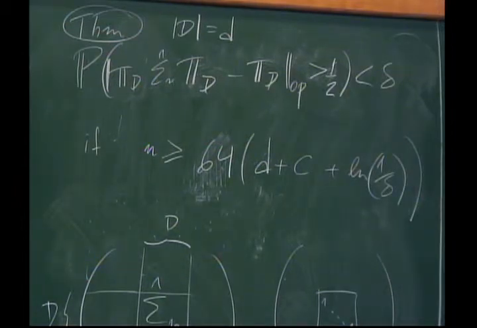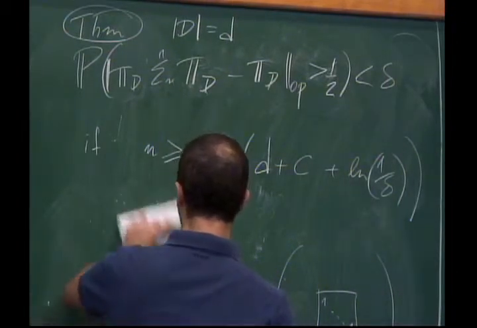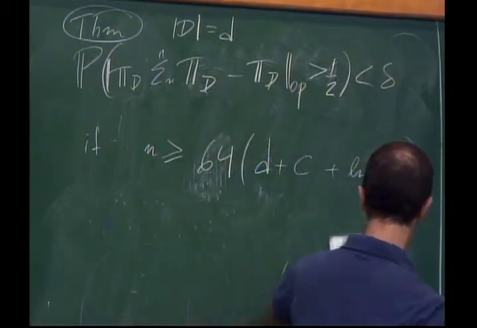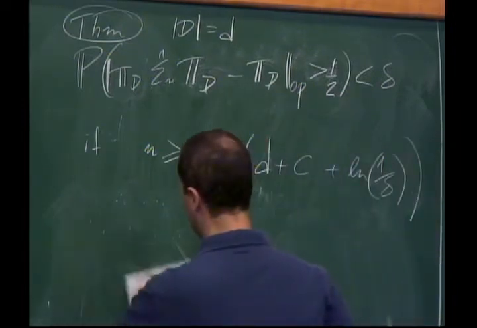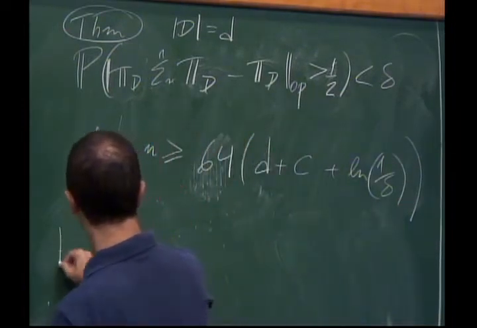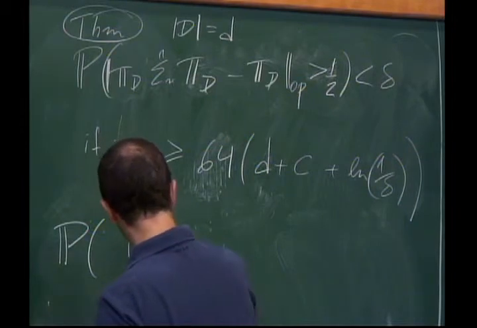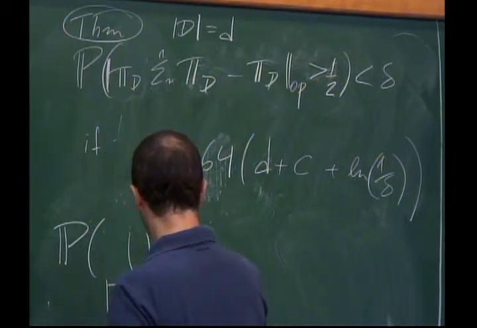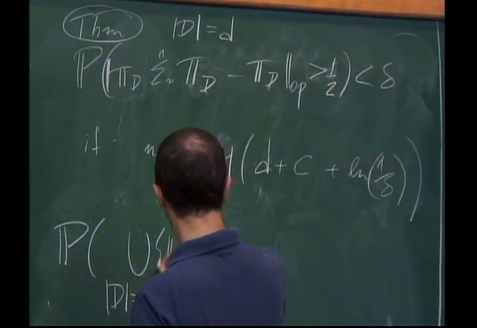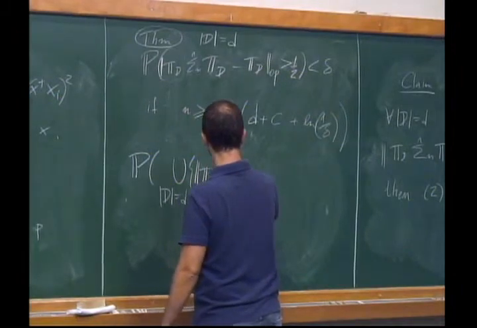But what you need is to prove that the probability, so this is not the probability you really want to bound, is the probability that there exists a subset of D coordinates such that the norm is large.